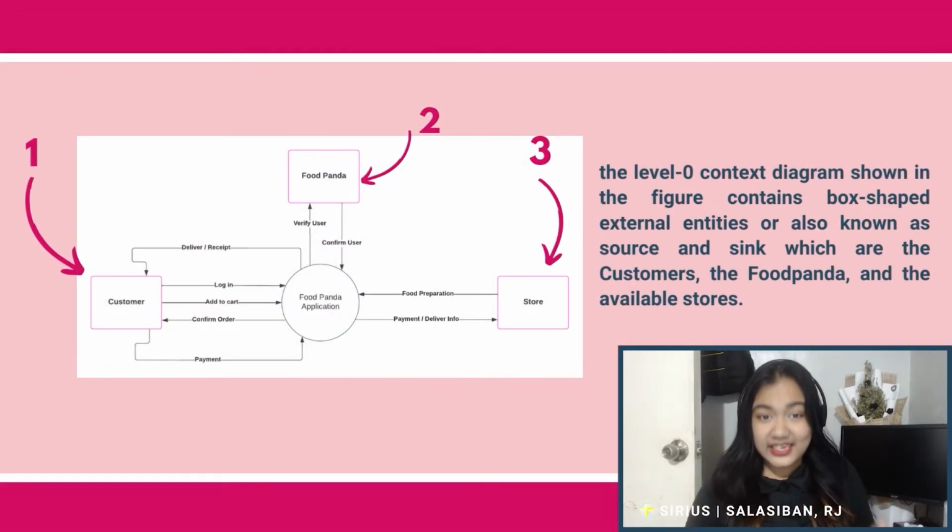As you can see, the level 0 context diagram shown in the figure contains box-shaped external entities, also known as source and sink, which are the customer, Food Panda, and the available stores.